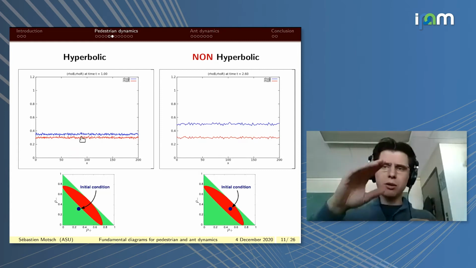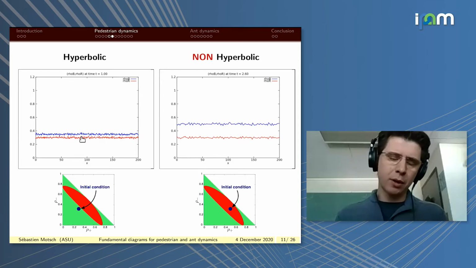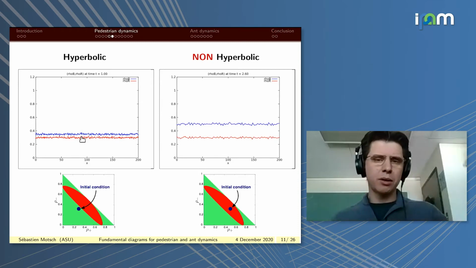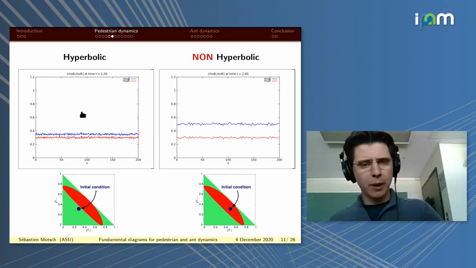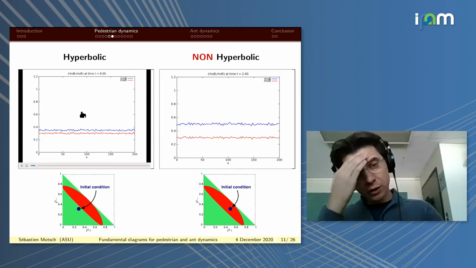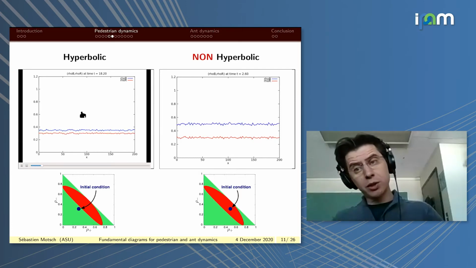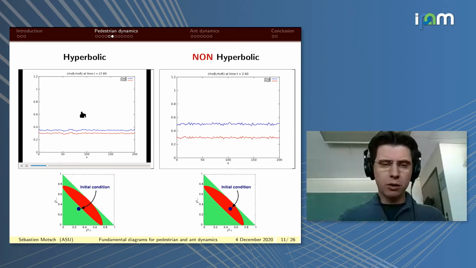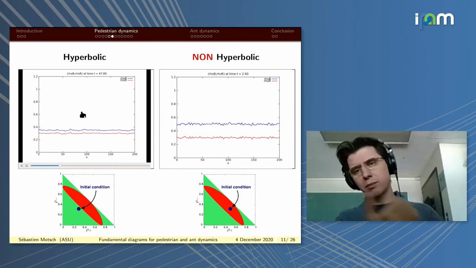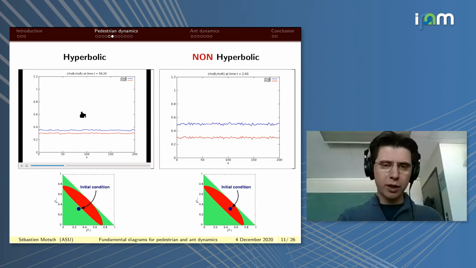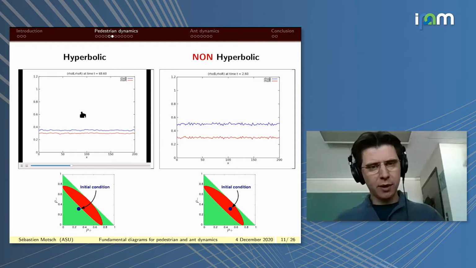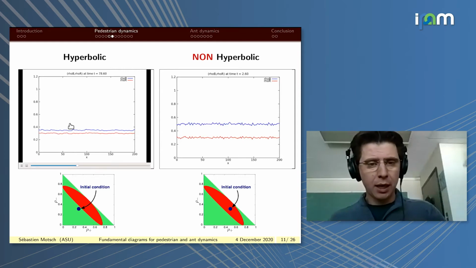I just perturb a uniform state. And if you do some simulation, in the hyperbolic region you just have some diffusion, everything is fine: the red moves left, the blue moves right, and everything looks fine.